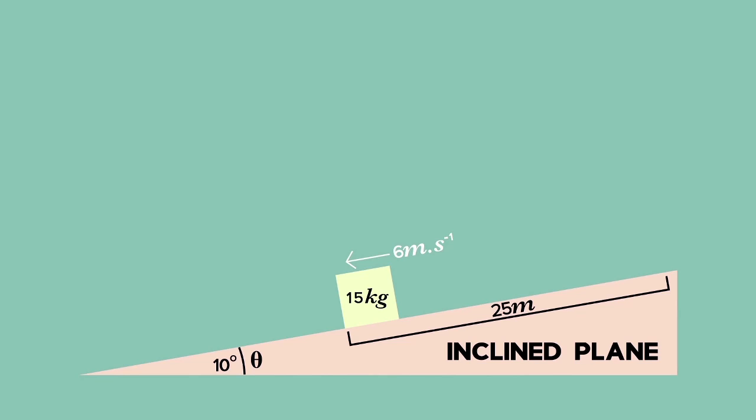Part A. Calculate the change in the block's kinetic energy. Part B. Calculate the net force acting on the block while it slides down the plane. And Part C. Calculate the friction acting between the surface of the block and the plane while it slides. Pause the video if you want to try this problem before reviewing the answer.